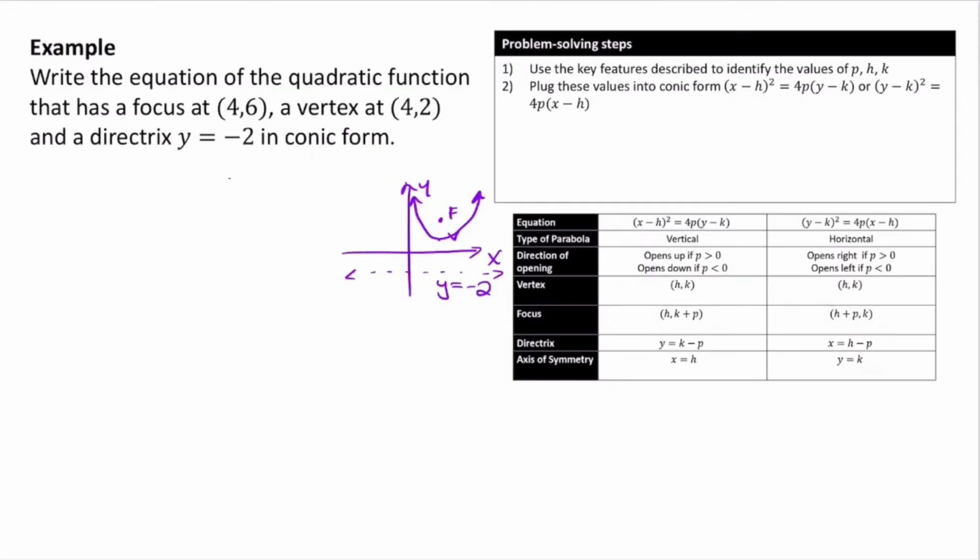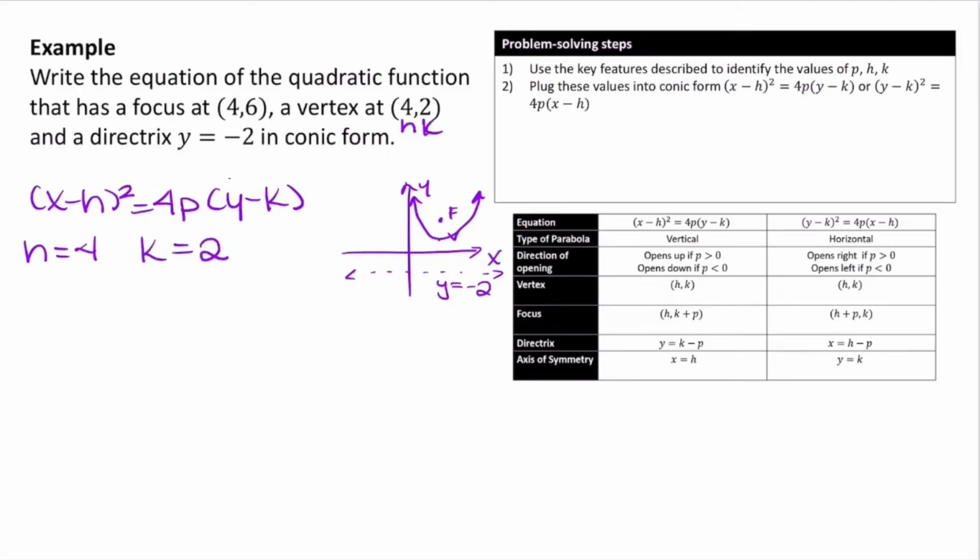So I know that I'm going to need to use the equation (x minus h) squared equals 4p times (y minus k). Well, let's think about this now. We can identify some values based on the information given to us. We know that h equals 4, and we know that k equals 2, because that's the coordinates of the vertex.